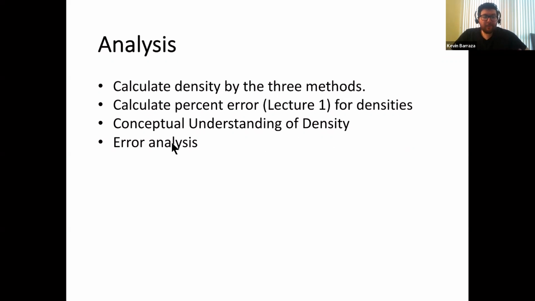Then you're going to calculate for some of them the percent error for the densities, because some of these are objects that you know. For example, the liquid you're going to measure the density for is going to be water. We know what the density of water is. So the question is, do our measurements have a large error to them by checking using the equation for percent error?